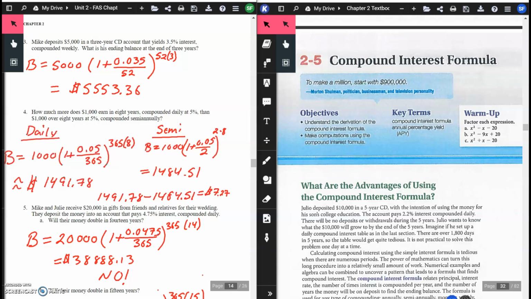Semi-annually, same basic formula, the 365 goes to 2 because it's twice a year, and then raise that to 2 times 8. The only difference was daily, 365, versus semi-annually, 2. So daily would be $1,491.78. Semi-annually would be $1,484.51. For the difference, you just subtract, which gives you $7.27.